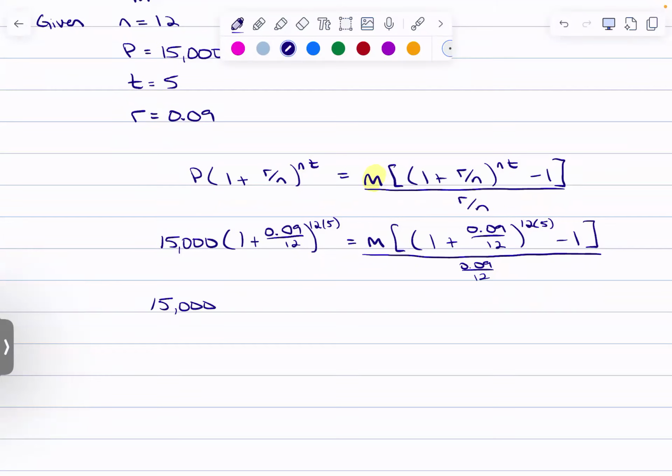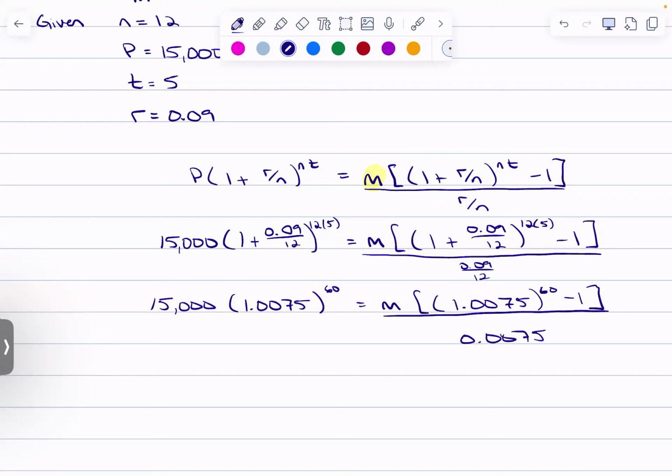I'll do another line to simplify this. 1.0075, I think it is. 0.09 divided by 12, plus 1, to the power of 60, is m times 1.0075 to the power of 60 minus 1, divided by 0.0075. Clean that up.